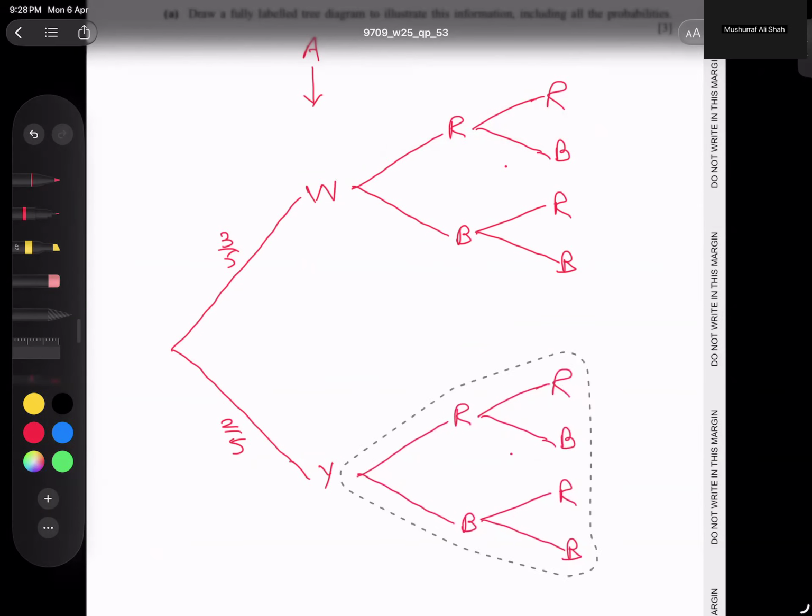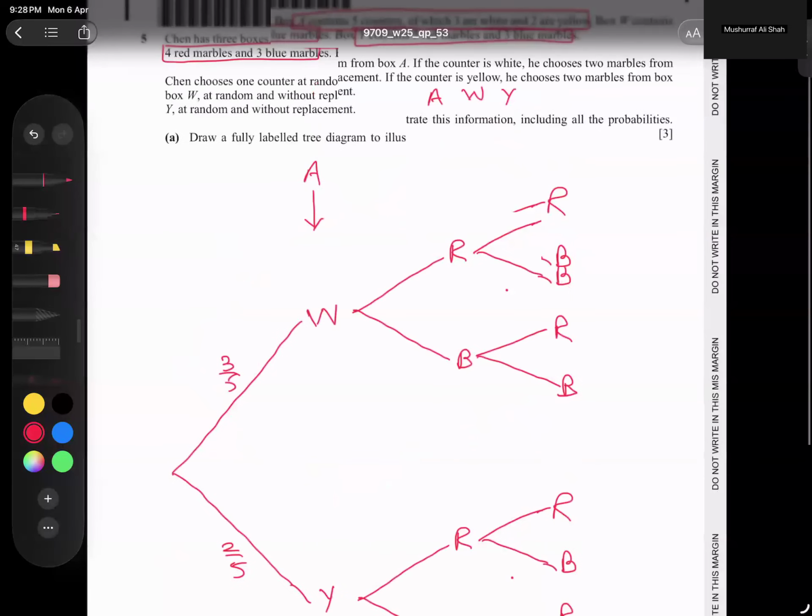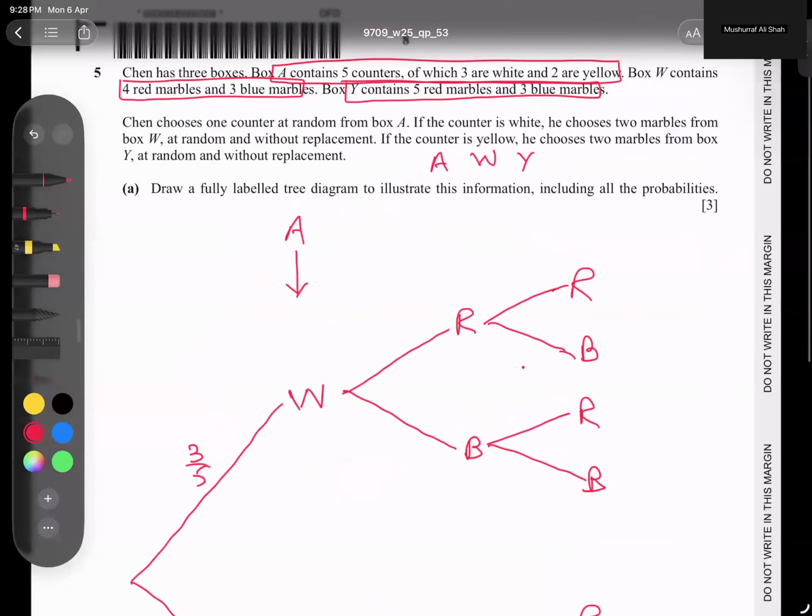What story do we have now? We can focus easily. What are the chances from W? The chance of red, with a total of 7, is 4 out of 7, and blue is 3 out of 7. And here 3 out of 6, here 3 out of 6, here 2 out of 6, and here 4 out of 6.